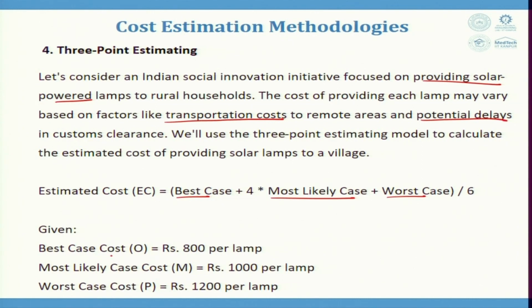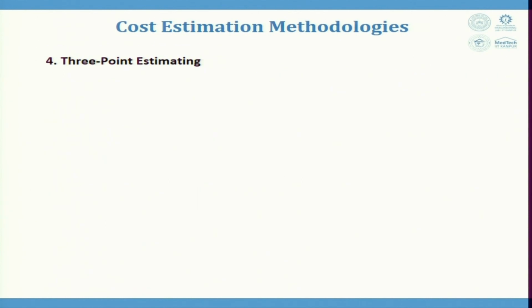Now, best case cost is rupees 800 per lamp. Most likely case cost is rupees 1000 per lamp. Worst case scenario, when everything goes wrong, then the cost is rupees 1200 per lamp. Now, let us try to calculate this cost for 3-point estimation.